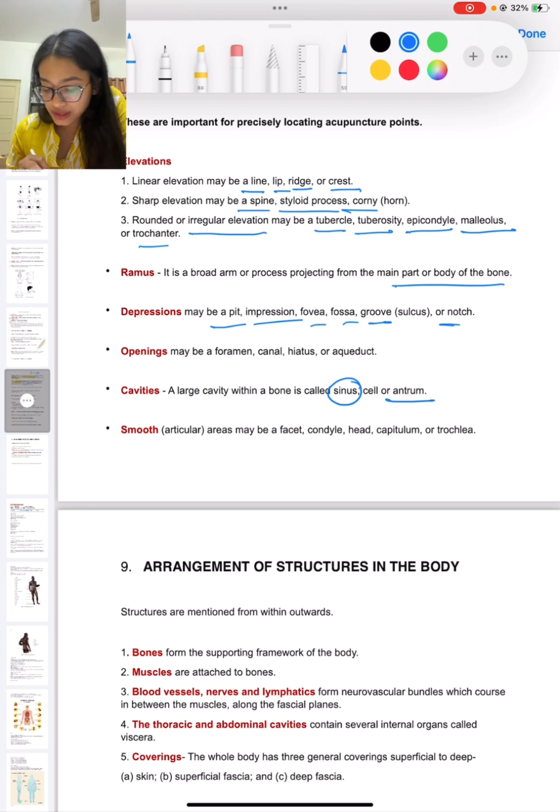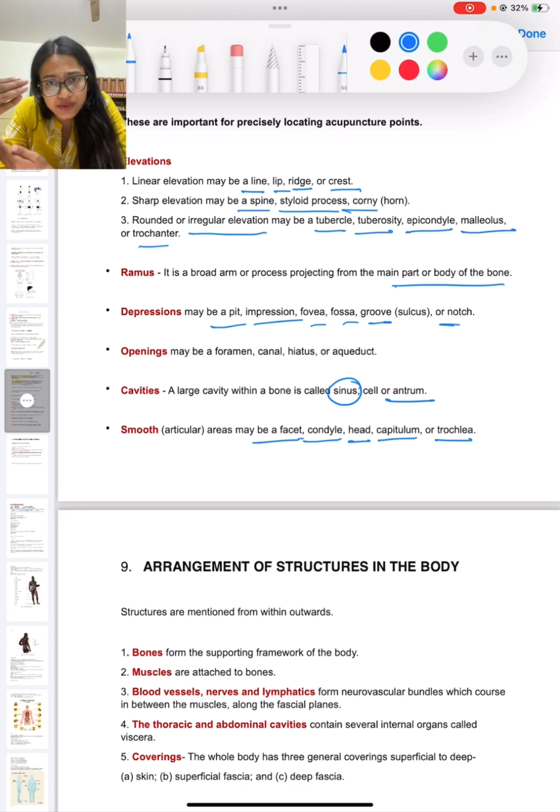Now smooth areas may be a facet, condyle, head, capitulum, trochlea. The things which are smooth. Now there are things which are rough. It will come. Somewhere there are smooth surfaces where the bones articulate. Somewhere there are rough surfaces where the bones articulate. Depends.